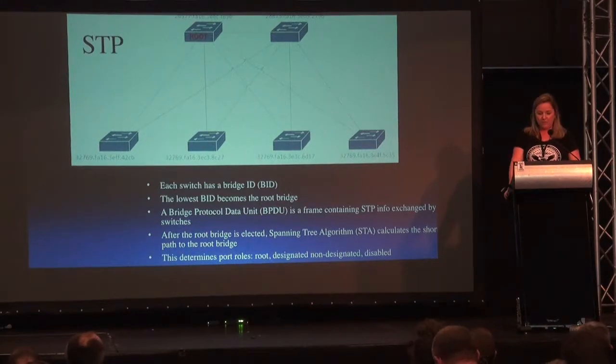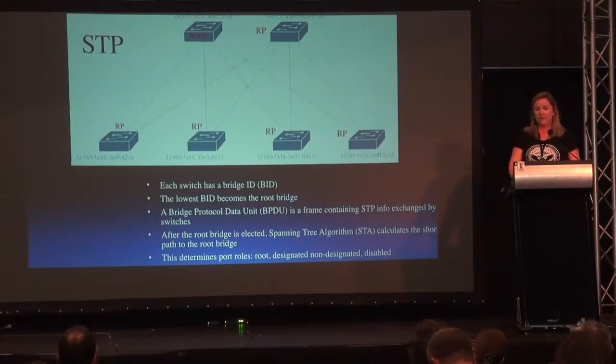So these BPDUs are sending through saying, I'm the root bridge, until they receive one where they think, oh no, you're the root bridge, you're better than me. Once all these are going through, adding the costs of the paths, each switch elects its root port, which is the port that is closest to the root bridge. So in this diagram, they've all elected their root ports.